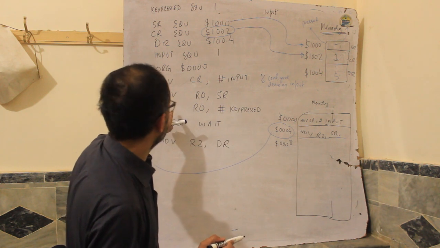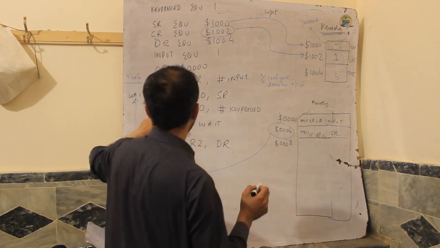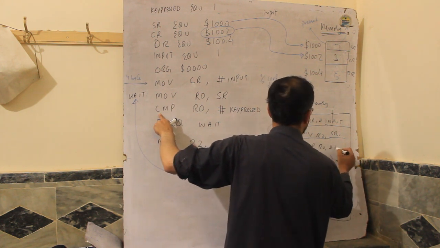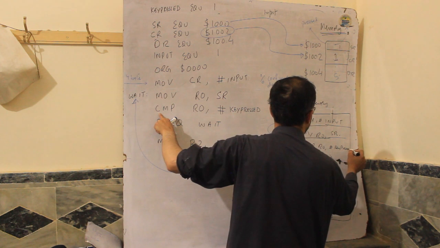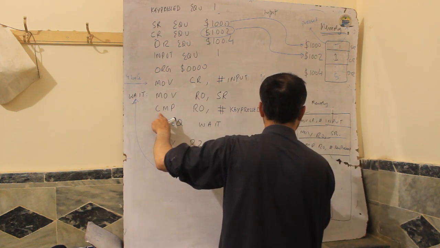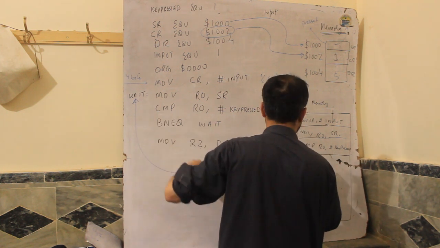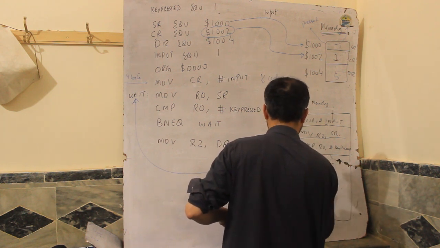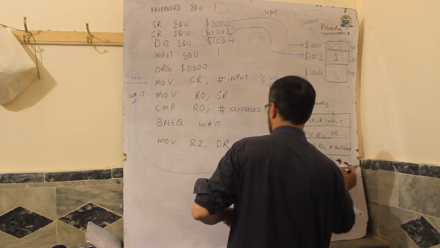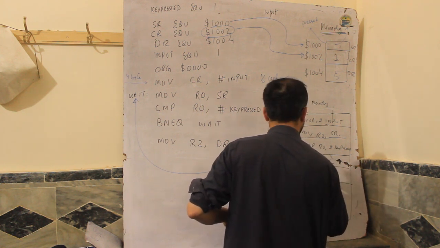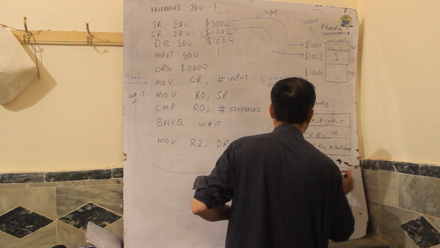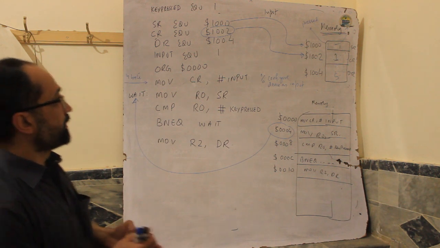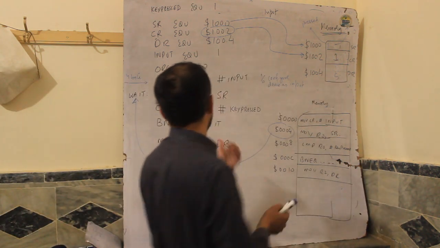So the move R0 SR, and at the next address, this instruction will be stored: compare R0 hash key pressed, and $000C. So the next instruction was not equal, and $0010. The next instruction, move R2 DR, will be saved. Okay, so in this case the contents of this will be moved into this register.